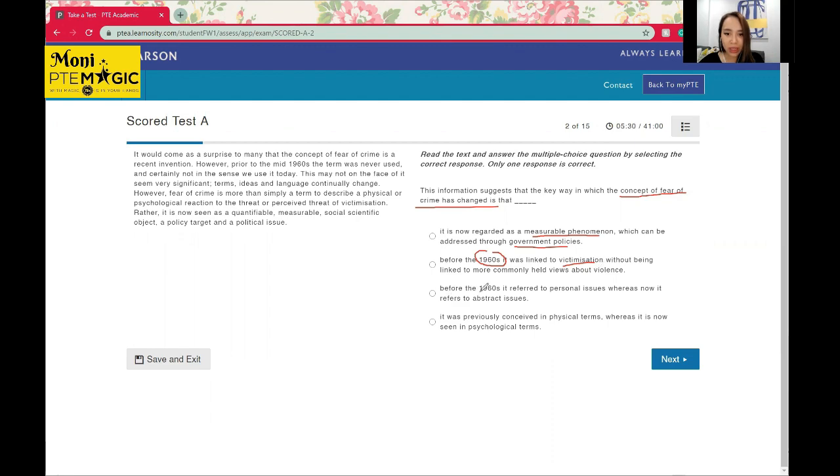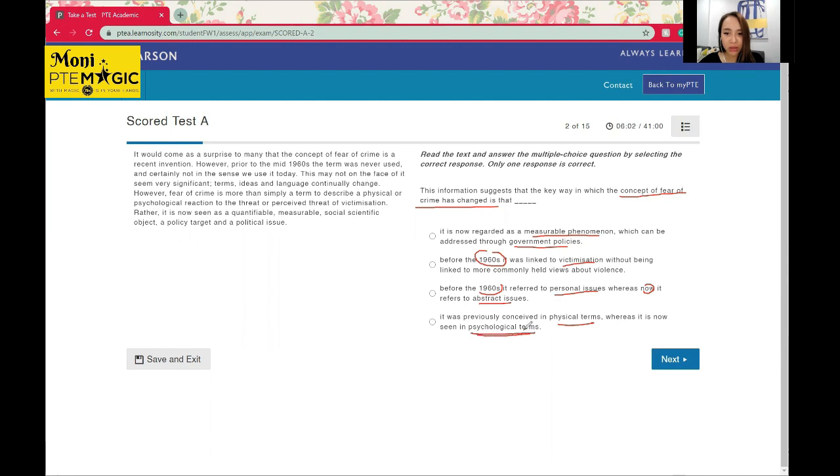Before the 1960s, it referred to personal issues, whereas now it refers to abstract issues. Then the last one, it was previously conceived in physical terms, whereas it is now seen in psychological terms.